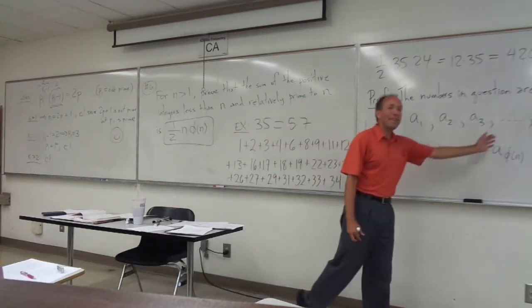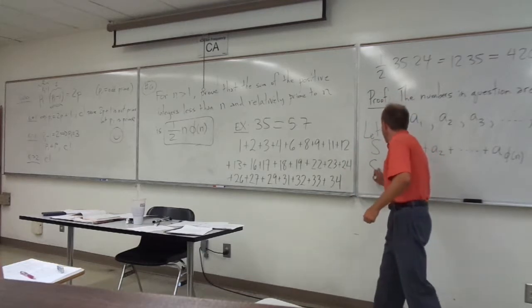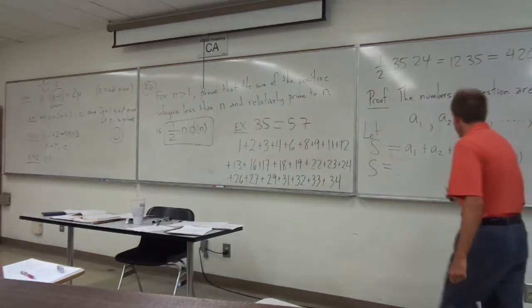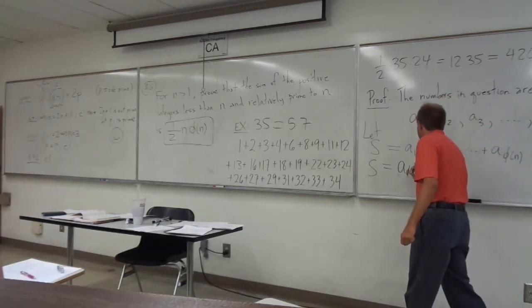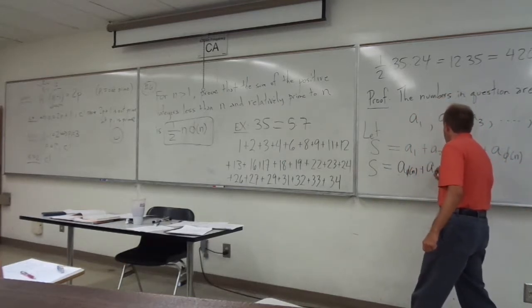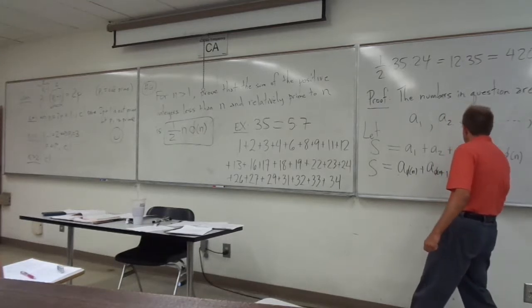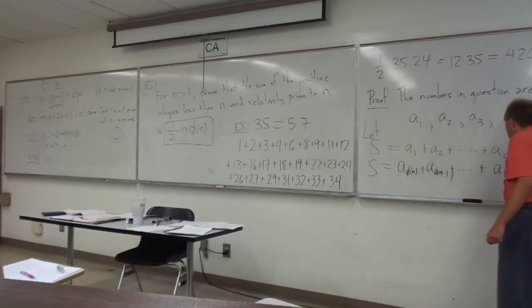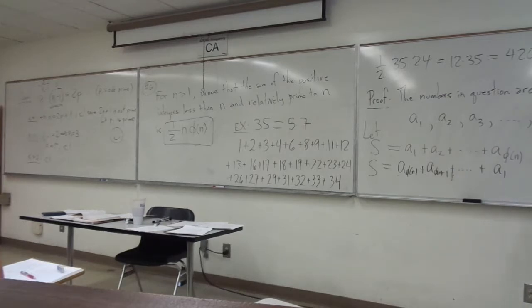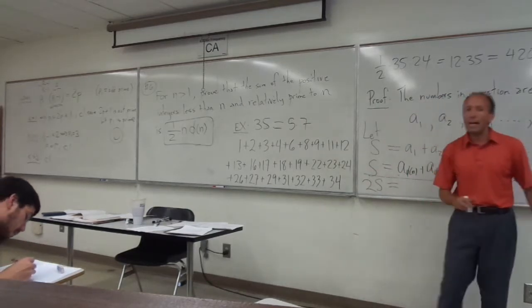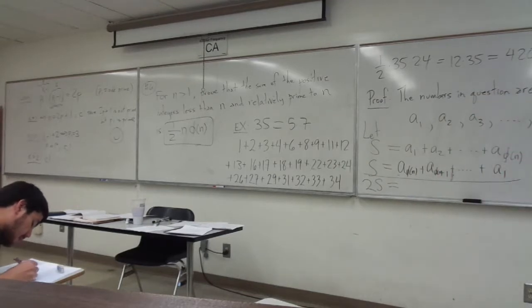So if I call this S, this is actually Gauss's trick for how to add up the first so many numbers: you could add them in the opposite order, right? A of phi of n minus 1. If you add these numbers in the opposite order and then just do a vertical addition, you get 2S on the left, right?